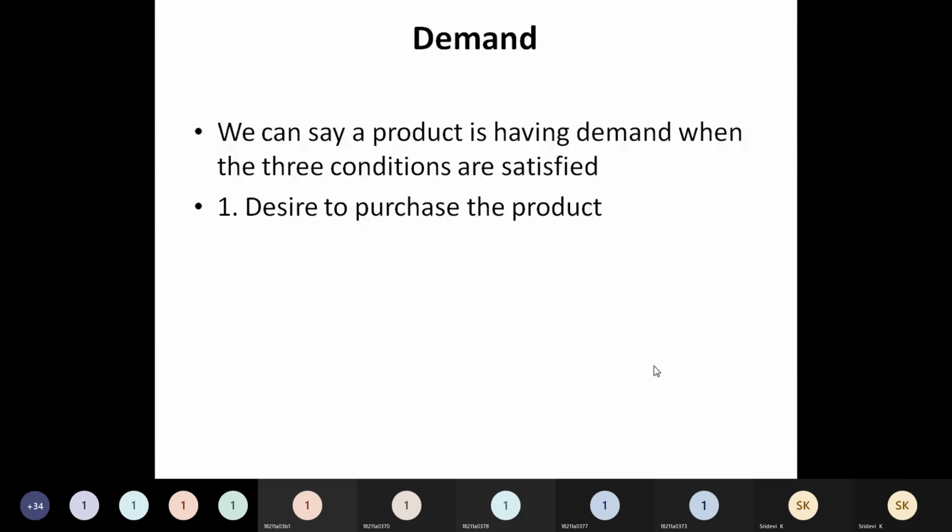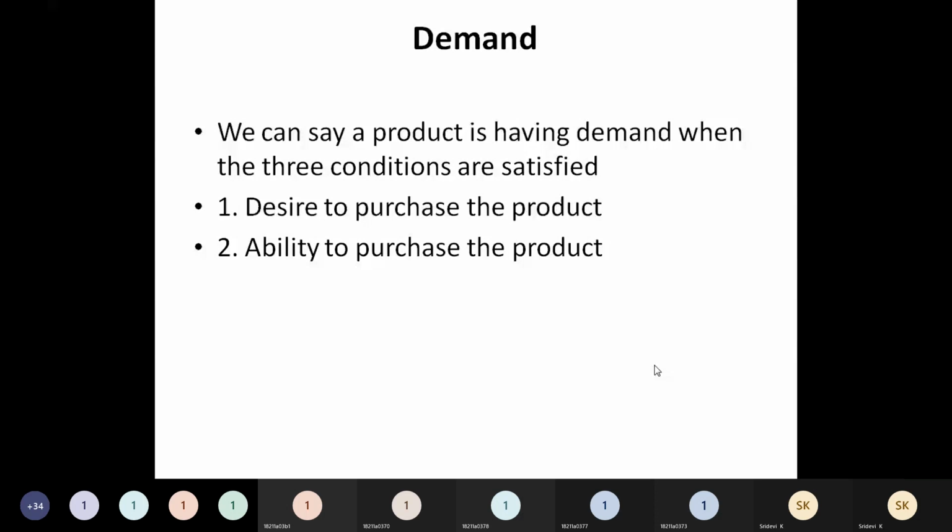Second condition is ability to purchase that product. Even if the desire is there, if I have a desire to purchase a building, my income may not permit me to purchase that particular building, right? So I am not able to purchase it. That is what is called ability.